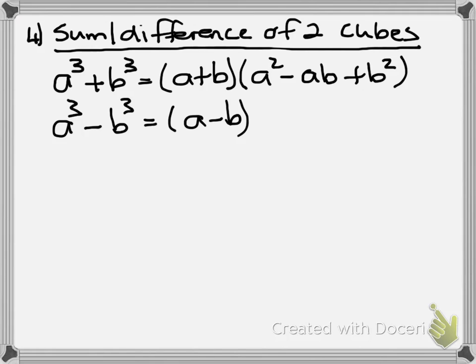A minus b there, and the rest is all going to be pluses. A squared plus ab plus b squared. And note that this is not 2ab, it's just a times b.